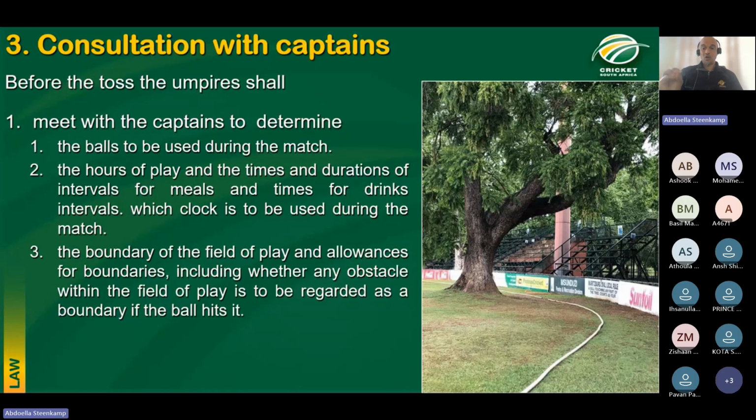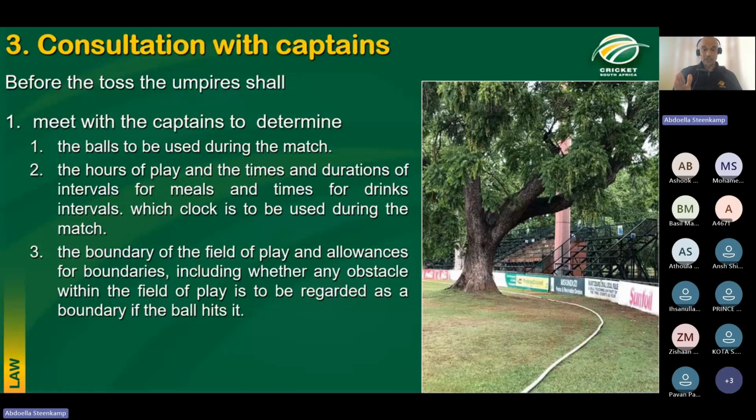So the custom of this particular field is if the ball hits the tree anywhere, it will be boundary 4. Whether it hits the bottom of the tree or the highest branch of the tree, it will be boundary 4. So this needs to be discussed before the game starts, so everyone is on the same page. Everyone then knows if the ball hits the tree, it will be boundary 4.